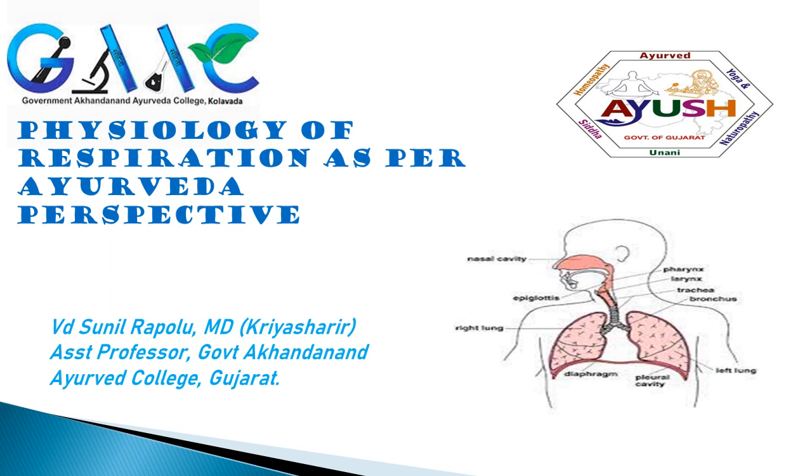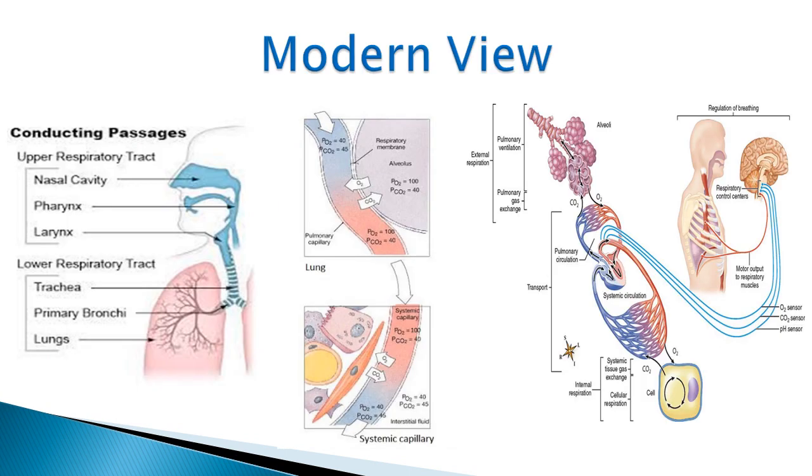So first of all, I need to explain the respiration system in the modern view. In this section, I will explain the respiration process as per the modern view, but in a concise way.